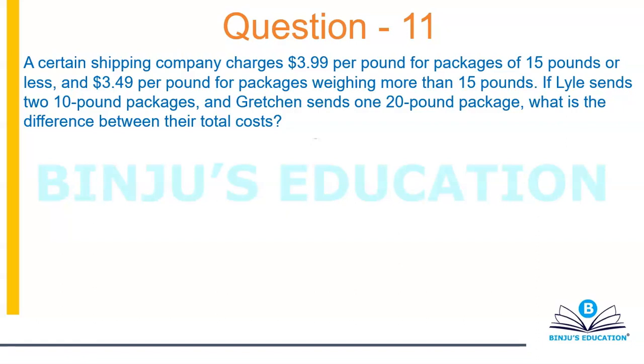Okay, a certain shipping company charges $3.99 per pound for packages of 15 pounds or less and $3.49 per pound for packages weighing more than 15 pounds. Okay, so I'll have to add this information. A certain shipping company charges $3.99 per pound for packages of 15 pounds or less.